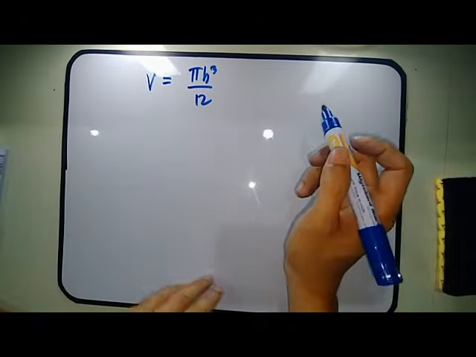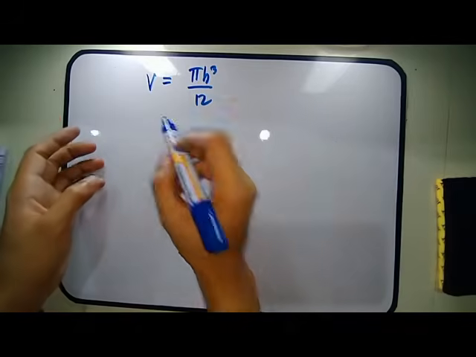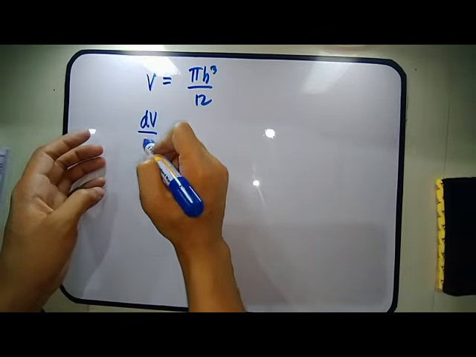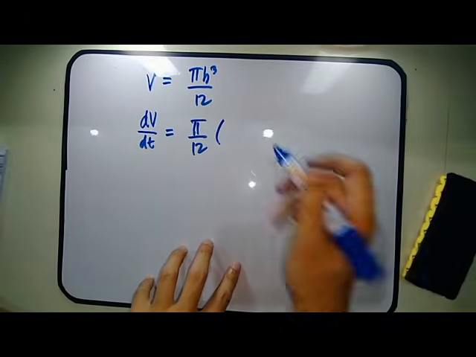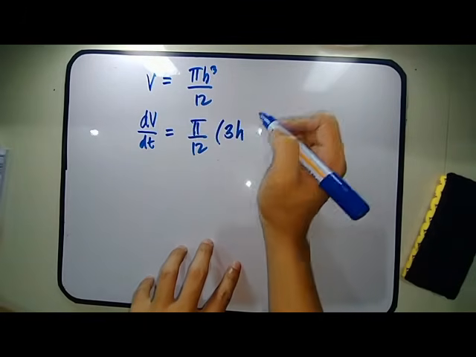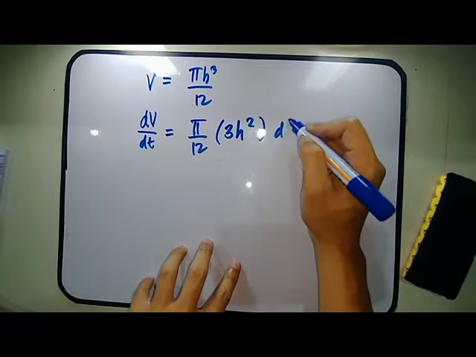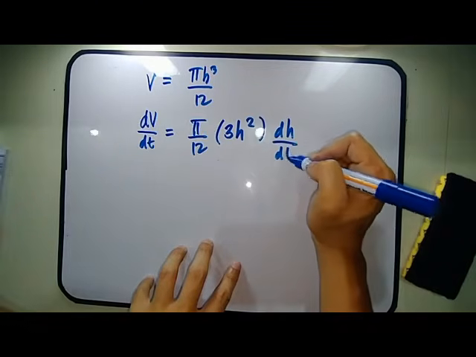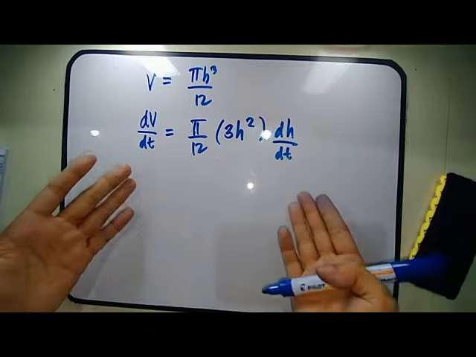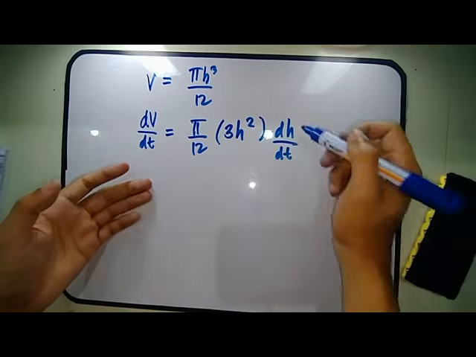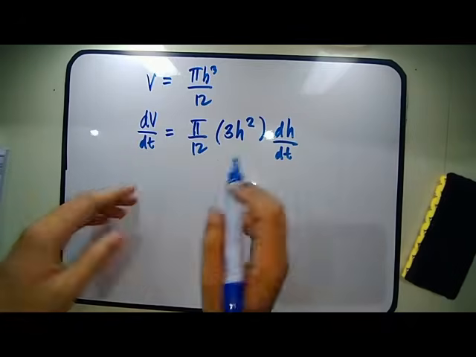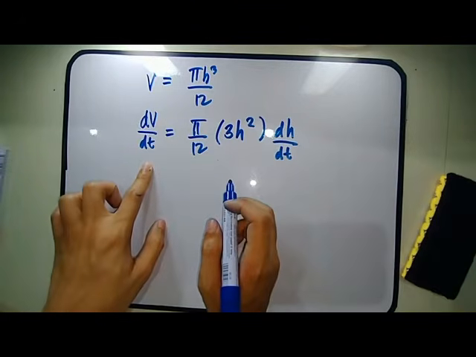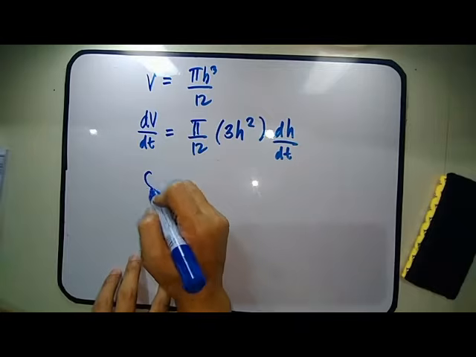The next step is to differentiate with respect to time. The differential of V with respect to time is equal to pi, using the power formula, 3 h squared times the differential of h with respect to time. We differentiate both sides with respect to time, and we are looking for the differential of height with respect to time. So dV with respect to time is equal to 8, our given.